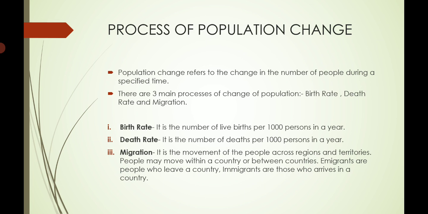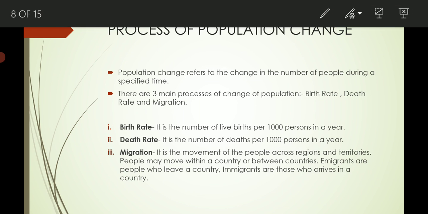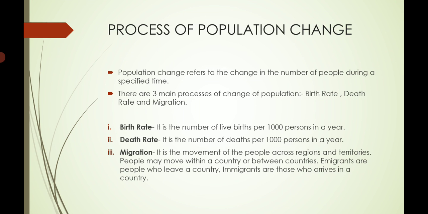And now what is migration? Migration is the movement of people across regions or territories. I will explain like this: a person who is living in a village comes to the city for job opportunities.